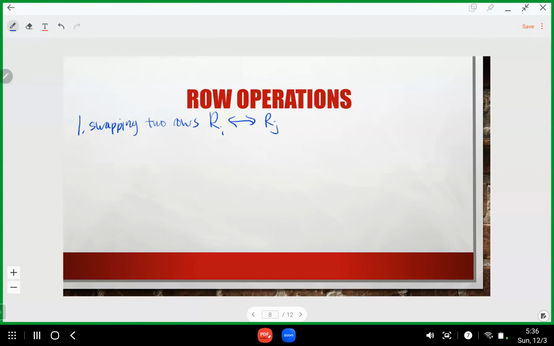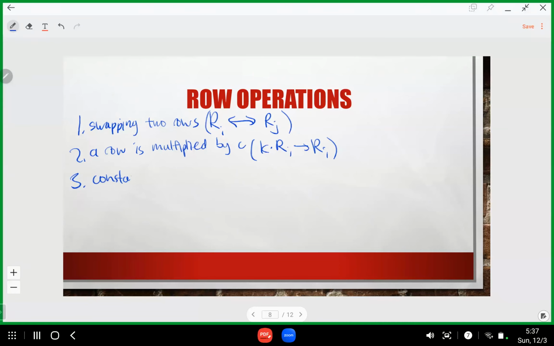Okay, so we also have, you can say, a row is multiplied by a constant. All right, and that's going to be k times Ri goes to Ri. And finally, a constant multiple of one row is added to another row.